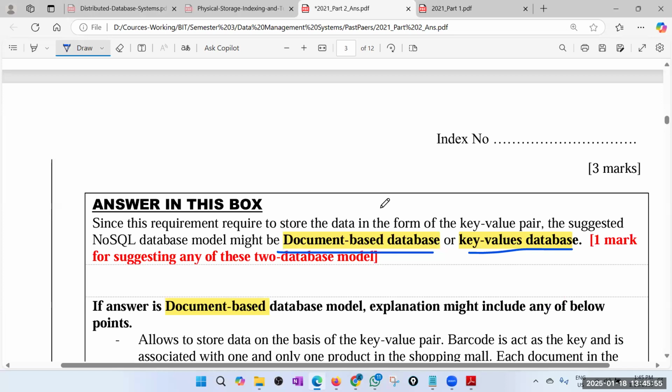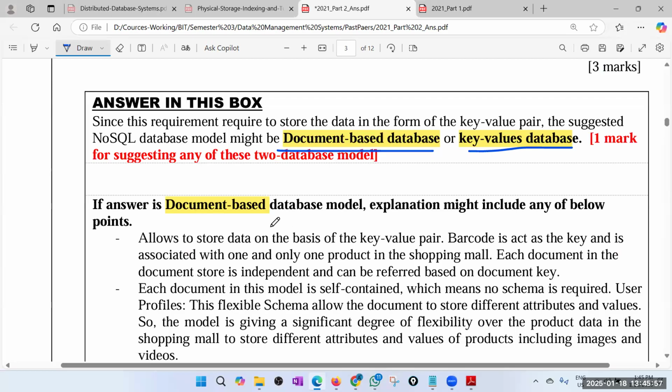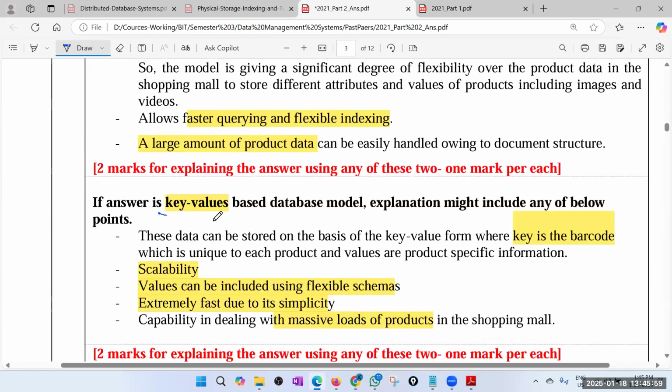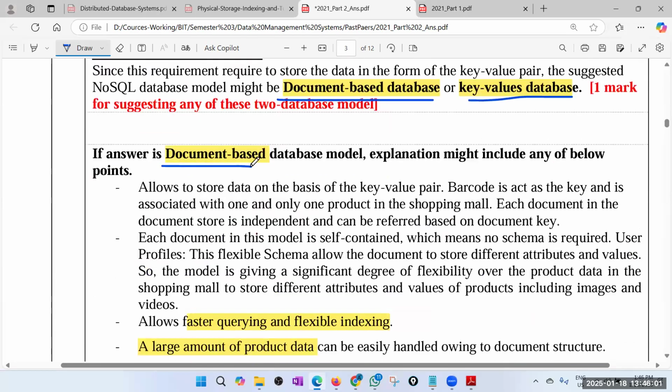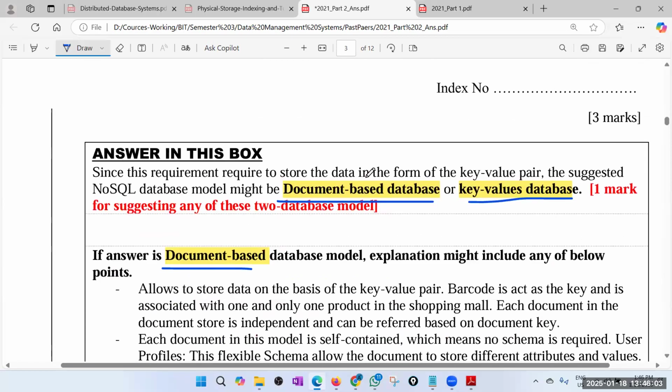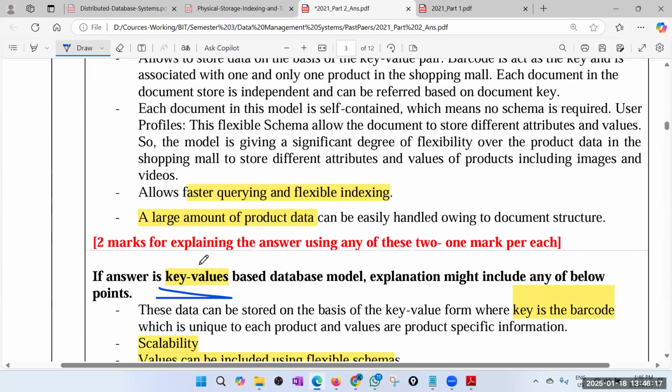It can even be audio or video. Or else you must go for key value. So document oriented because there are multimedia things like catalog images, videos, and so on. Or you can even go for a mixture of those. Whatever the approach, you need to justify.